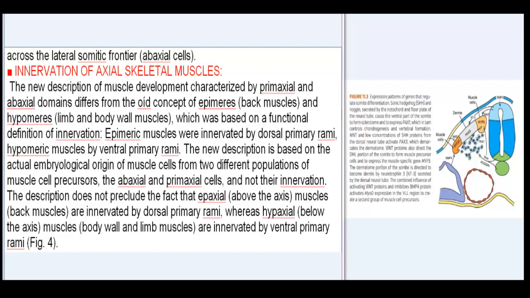The new description is based on the actual embryological origin of muscle cells from 2 different populations of muscle cell precursors, the abaxial and paraxial cells, and not their innervation. The description does not preclude the fact that epaxial (above the axis) muscles, back muscles, are innervated by dorsal primary rami, whereas hypaxial (below the axis) muscles, body wall and limb muscles, are innervated by ventral primary rami, Fig. 4.